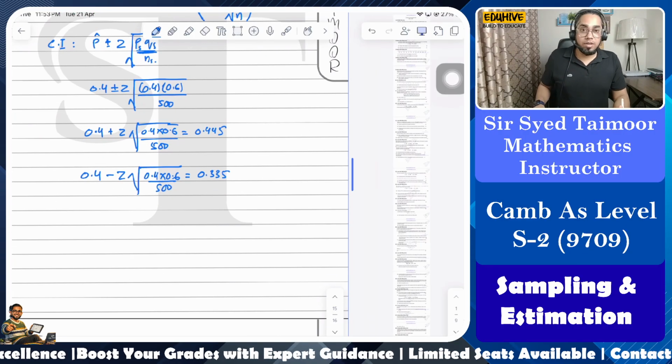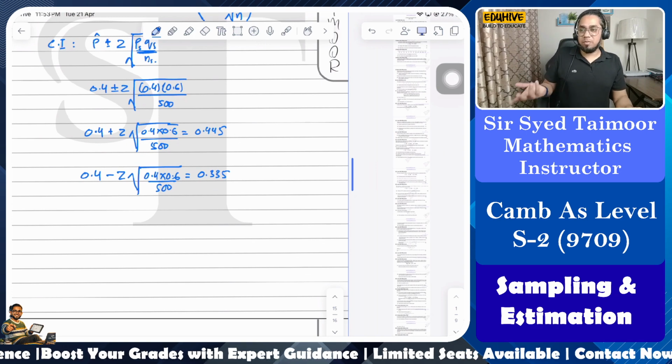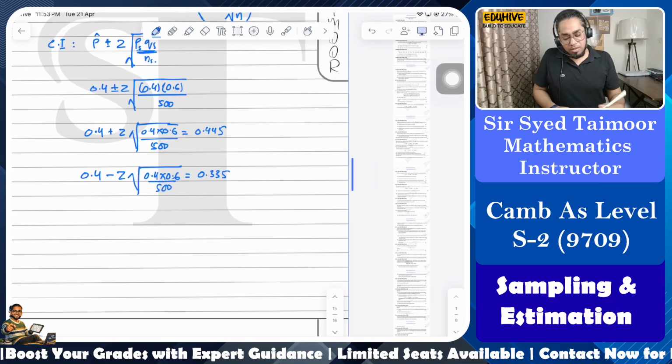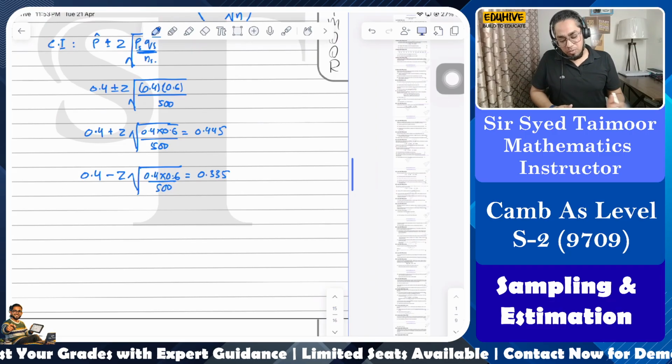Now we can calculate the value of z, but the value of z will be the same from both of the parts. So you can do any one of them.